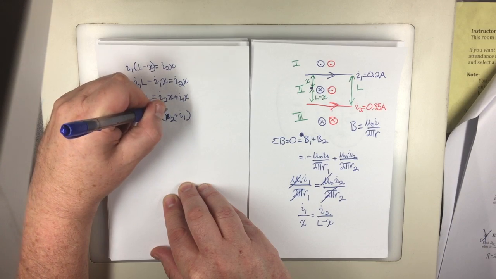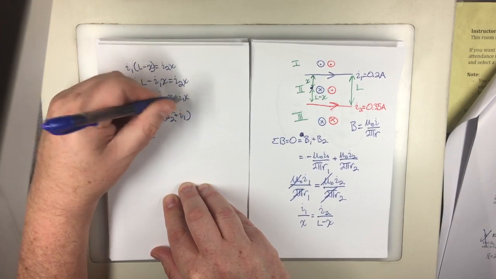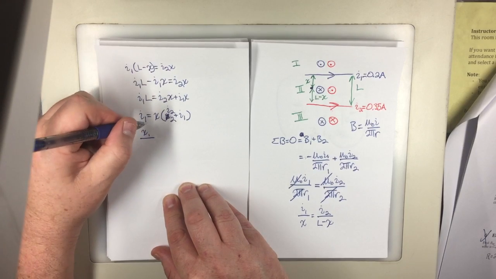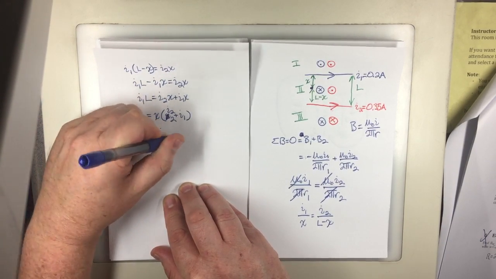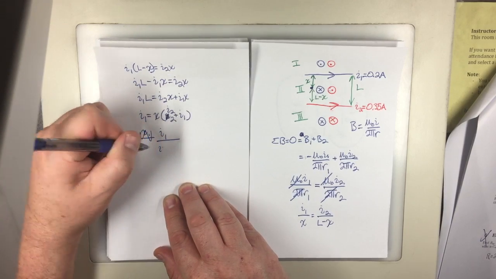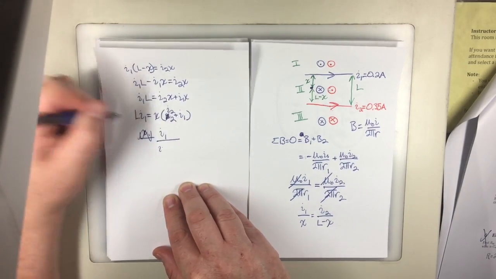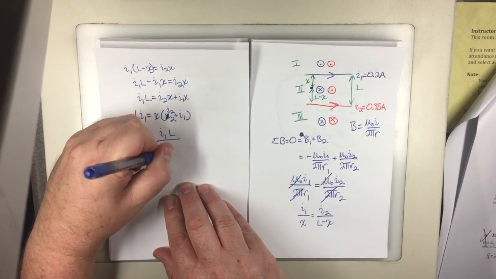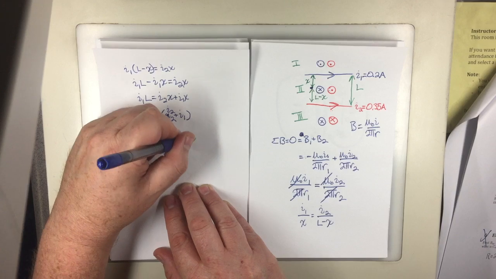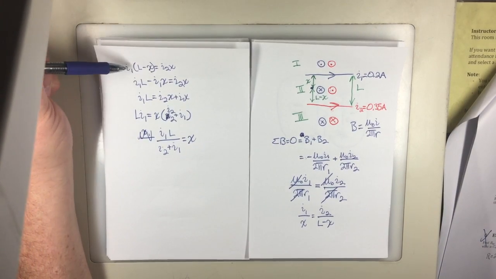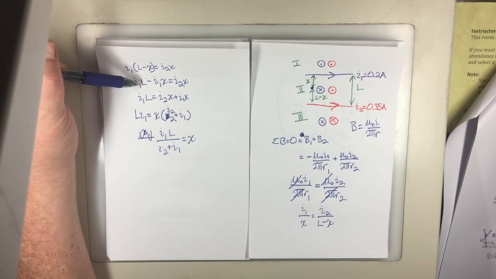This is I2, because the X gets kicked out. All right, let's look at the algebra again. Distribute the I1.